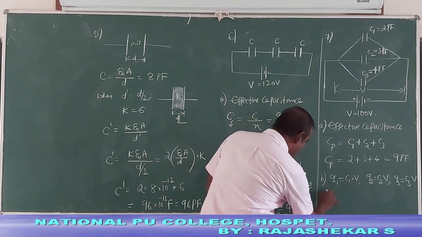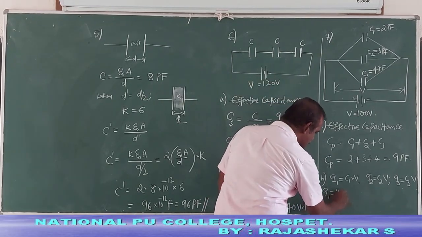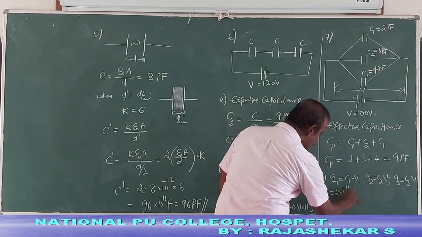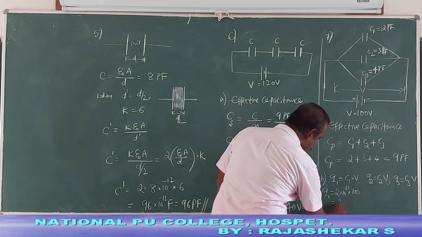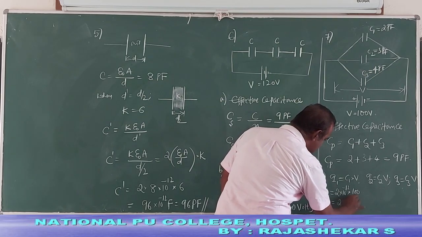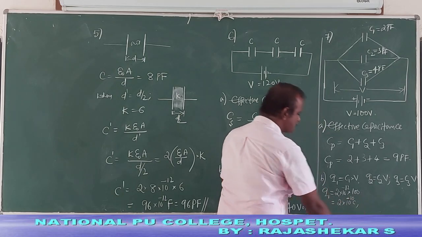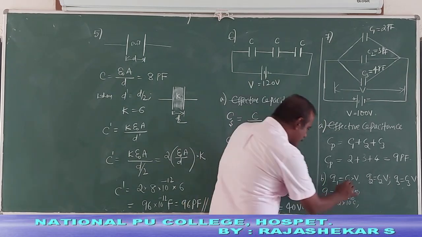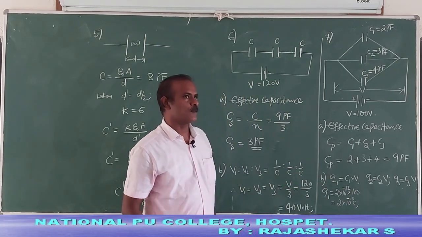Hence Q1 you can calculate as C1, 2 into 10 power minus 12, into voltage 100. It becomes 2 into 10 to the power minus 10 coulomb, because 10 power minus 12 times 10 power plus 2 becomes 10 power minus 10.